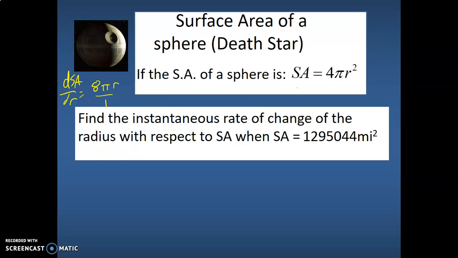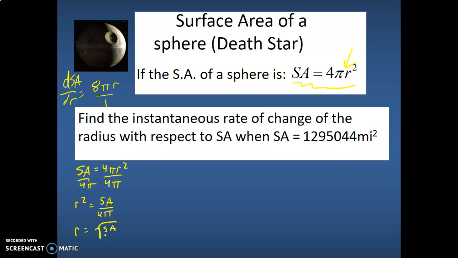So instead of starting with this formula, if I want to find the rate of change of radius with respect to surface area, I need to solve this equation for r and then find the derivative. So if I start with surface area equals 4 pi r squared, I can divide both sides by 4 pi. So r squared equals SA over 4 pi. And then we'll take the square root.